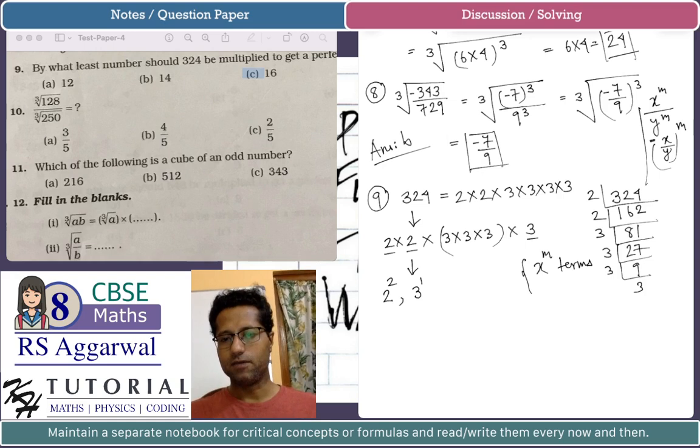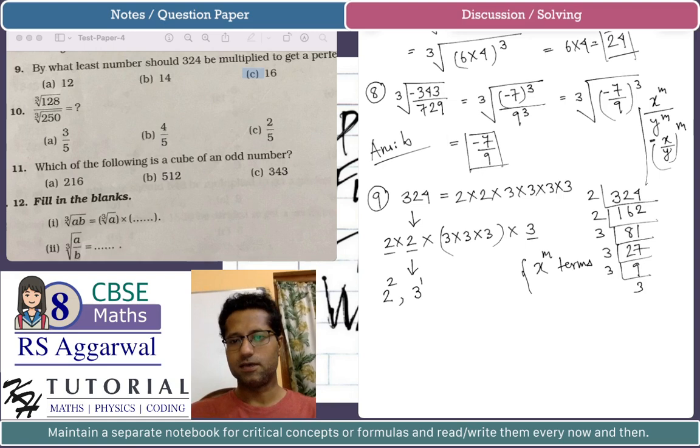And why the power m? Because if that factor x occurs m times, this m can only be 1 or 2. So if the term x occurs one time, which is not part of any triplet, then it will be x, or else it will be x square, that is, the term x occurs 2 times.